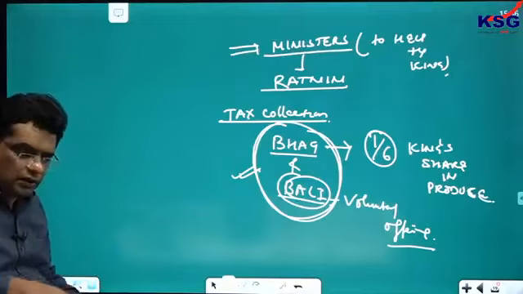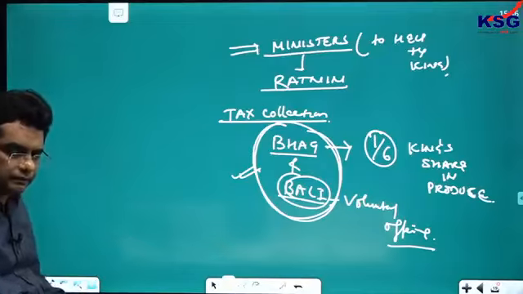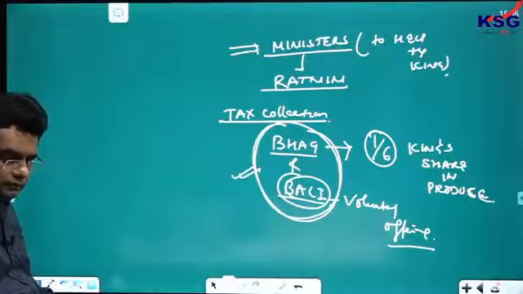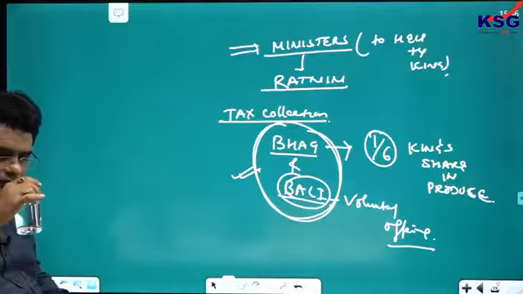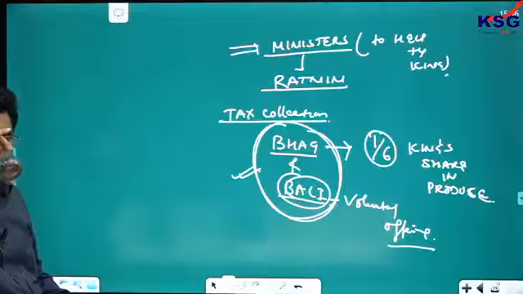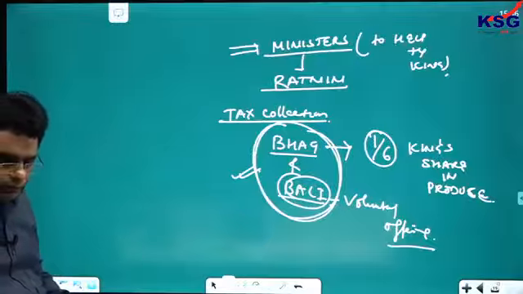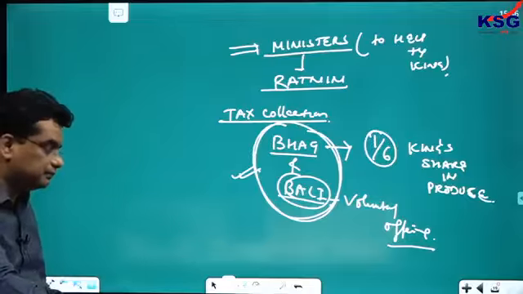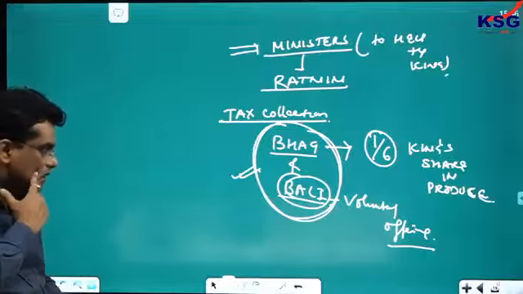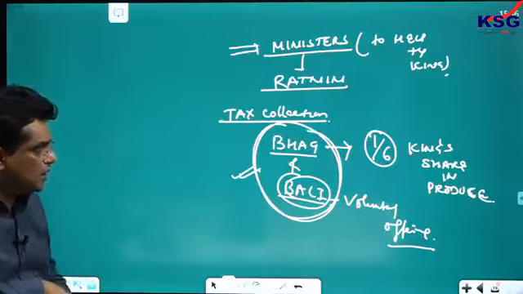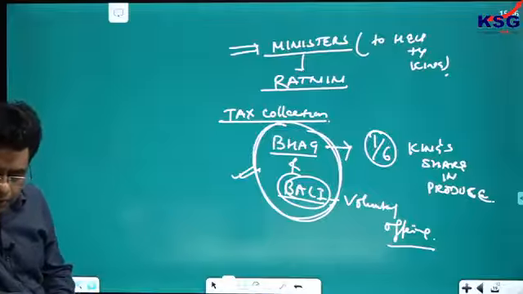Fruits, vegetables and milk were given regularly, and Bhag was the king's share in produce.